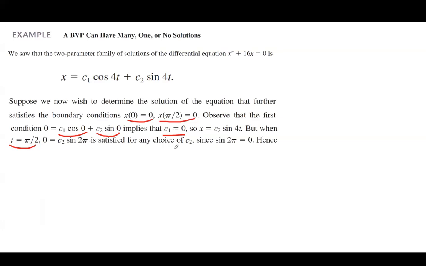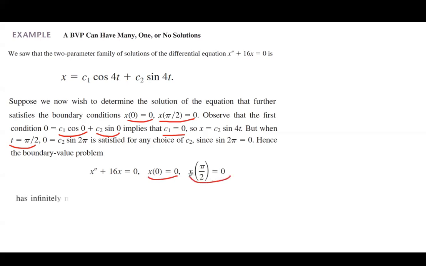It is satisfied for any choice of c2, since sine of 2 pi is always 0. So the boundary value problem, the second derivative of x plus 16x equals 0, x at 0 is 0, and x at pi over 2 equals 0, has infinitely many solutions, right? Because of the choice for c1 and c2.